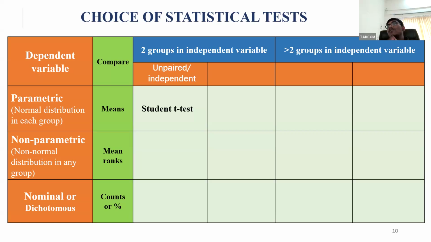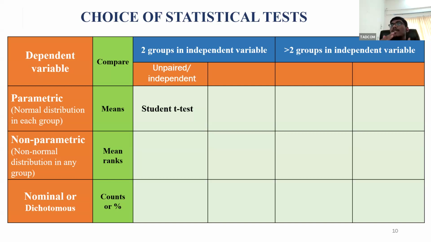Say for example, as I told in the previous example, males and females: what is the cholesterol value in males and what is the cholesterol value in females? Here the cholesterol value will be the dependent variable, also known as the outcome variable. The outcome variable is continuous, cholesterol values we have in continuous form, and we assume that it is normally distributed.